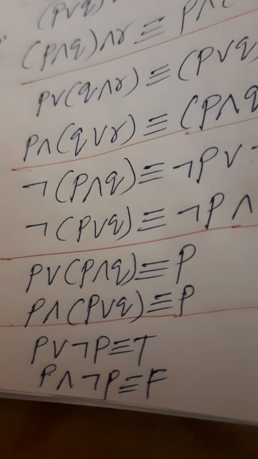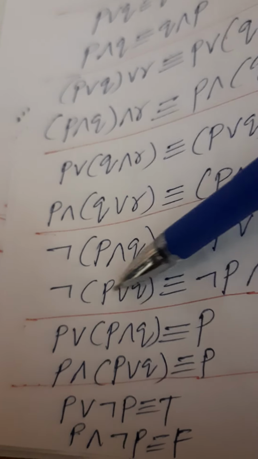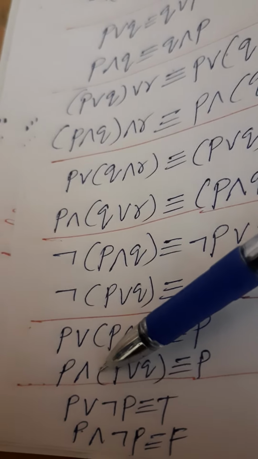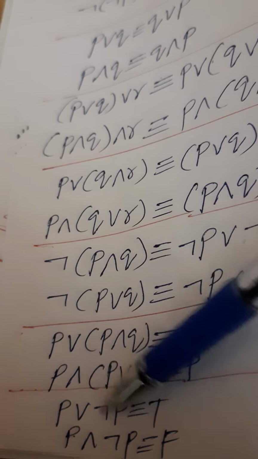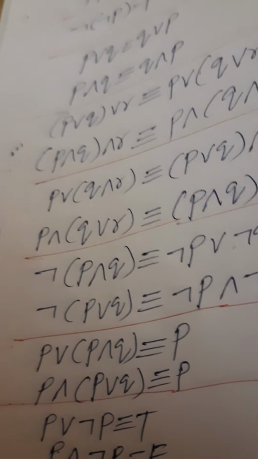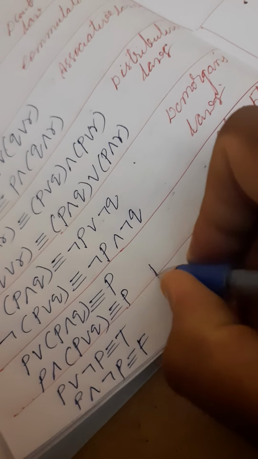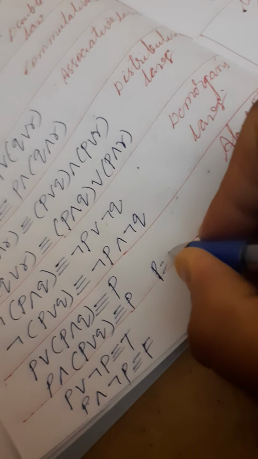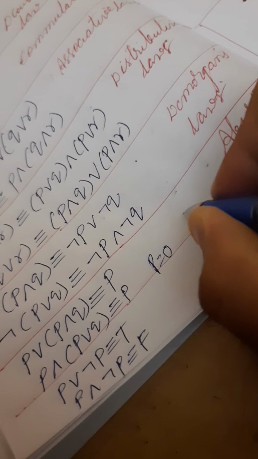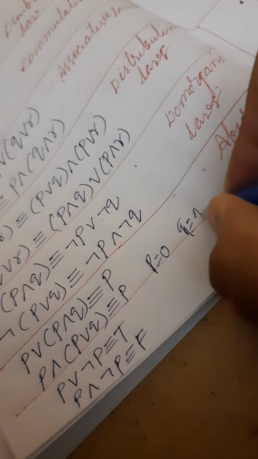Okay, this is also the same absorption law: P conjunction of P disjunction Q. Suppose here also we take P is equal to 0 and Q is equal to 1.